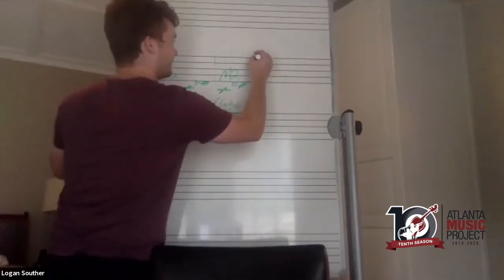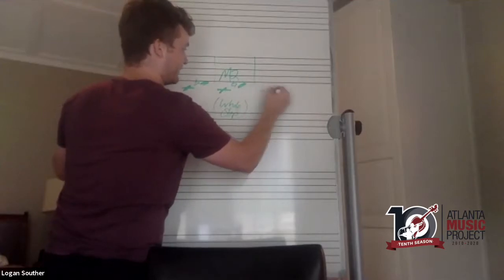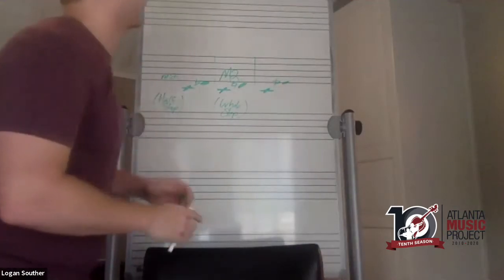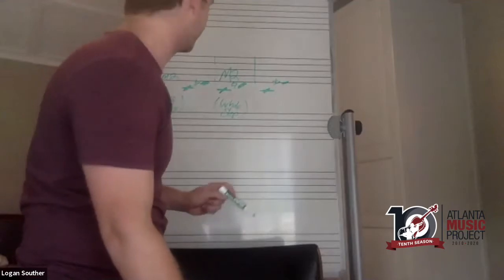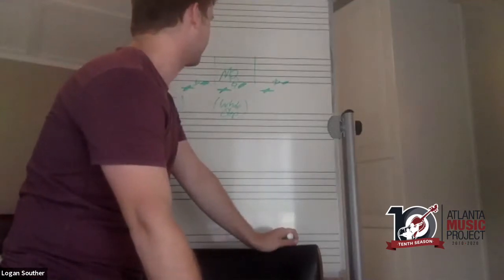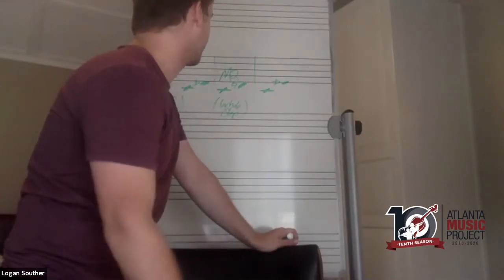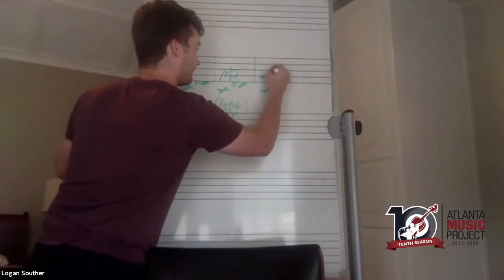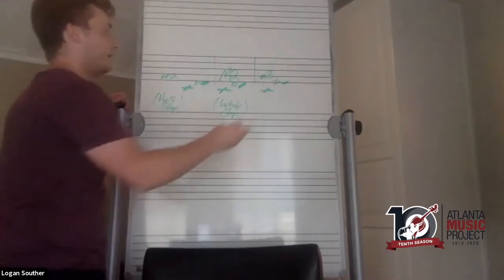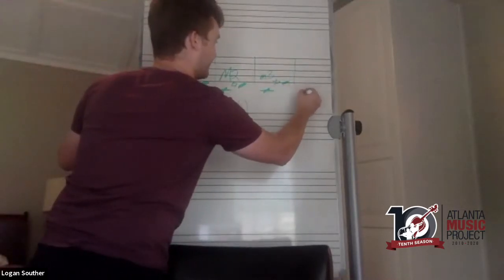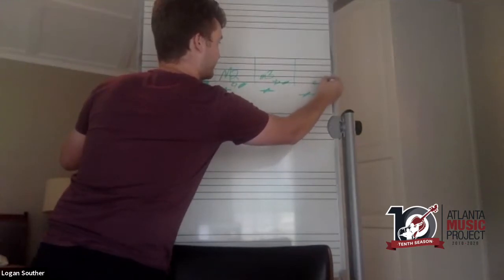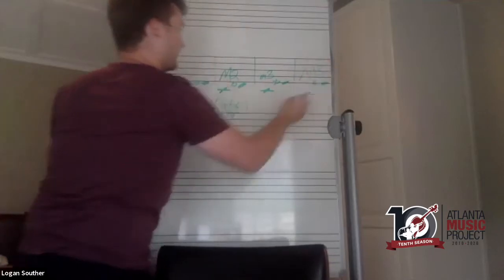Minor third, you might remember this sound from our minor chord. Minor third makes up the beginning of a minor chord. Minor third. And lastly, we talked about this last time, is with that E natural, our major third.